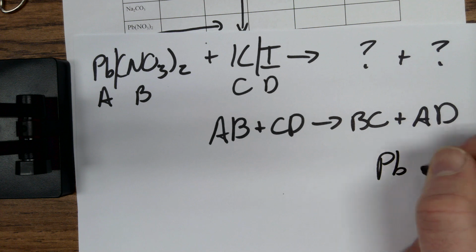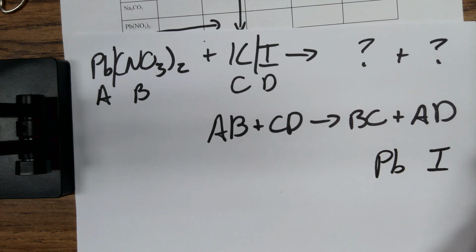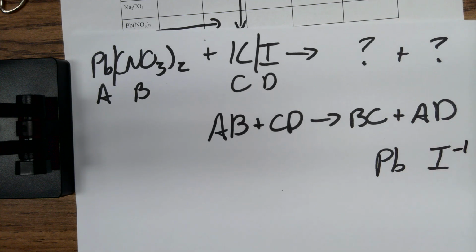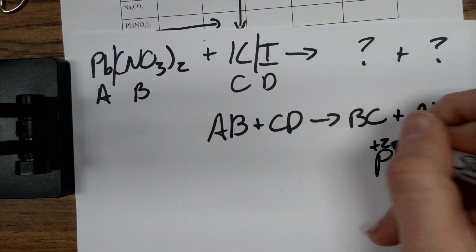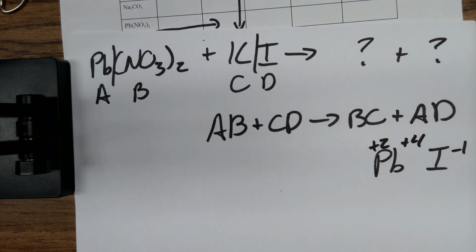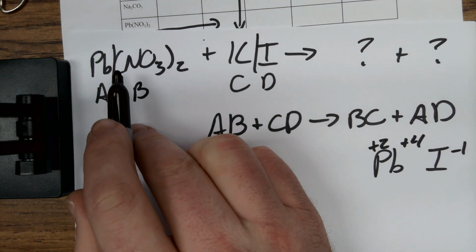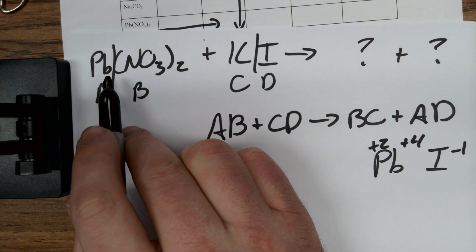All right. Now, the nice thing about iodine is it only has one possible anion that we can work with, right? What is the anion for iodine? -1, -2, -3, or -4? -1. It's one of my last halogens. Now, lead, I know, comes in two types of flavors. It likes to come in either +2 or +4. To figure out which version of lead I'm working with, I gotta go back to my reactant to see what it is.